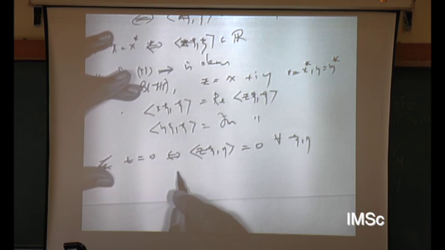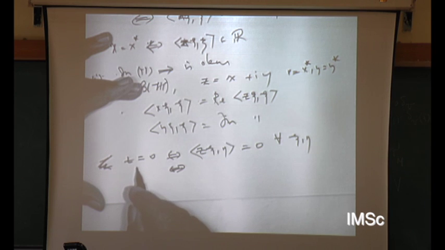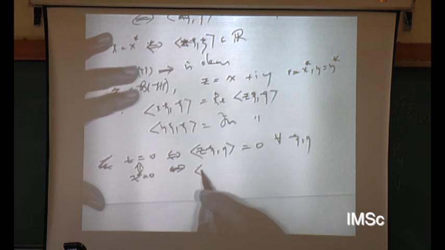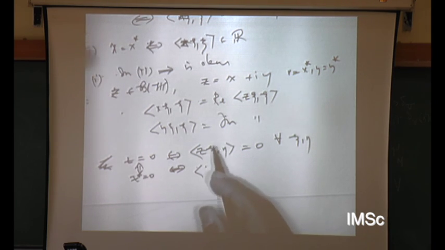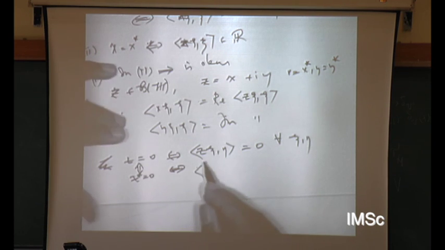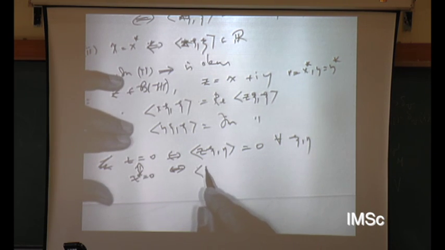But this implies clearly, this is equivalent to z star equals 0. This is equivalent to what do I want to say? The conjugate of this. What is the conjugate of this? η z ξ.